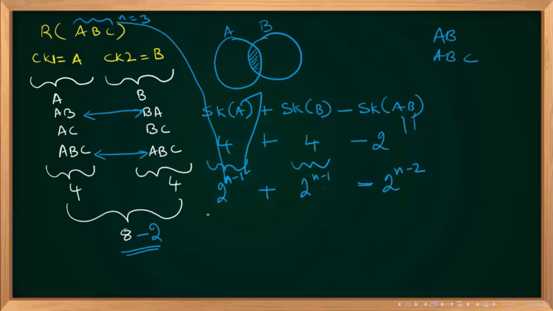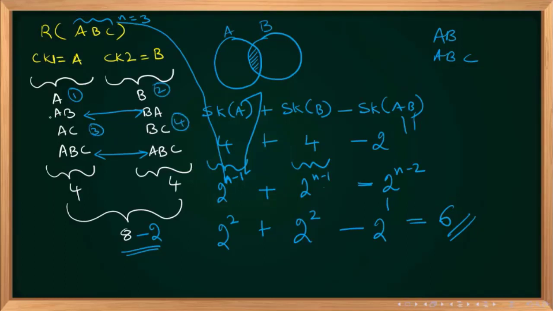So 2 power 3 minus 1 is 2 power 2, plus 2 power 2, minus 2 power 3 minus 2, 2 power 1, is equal to 4 plus 4 minus 2 is equal to 6. And that 6 is 1, 2, 3, 4, and 1 from this one. Not this one, not this one. I'm taking 5 and 6.